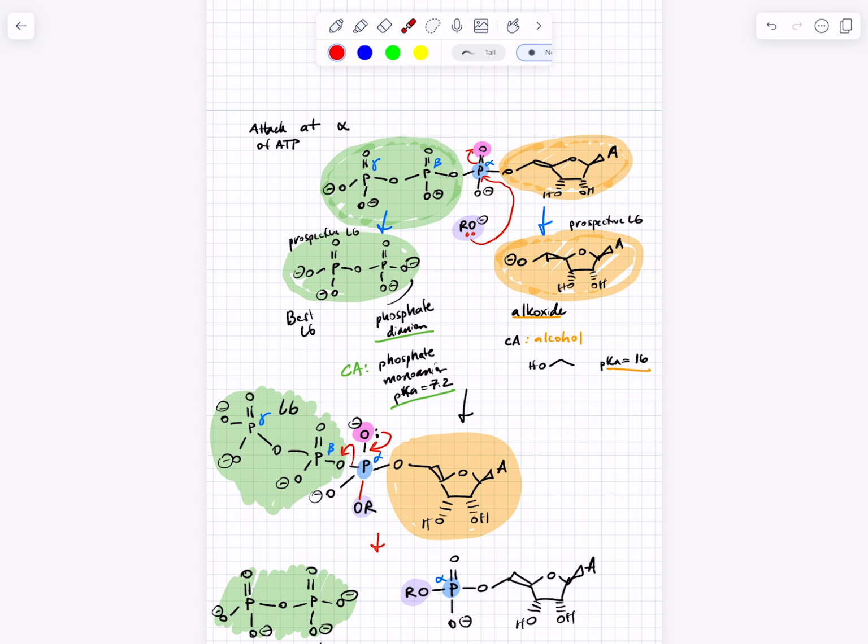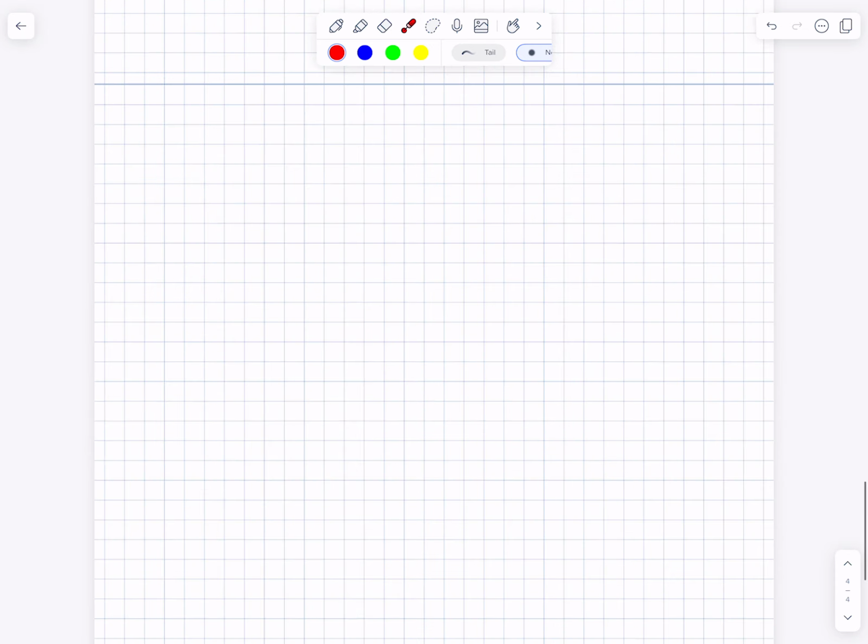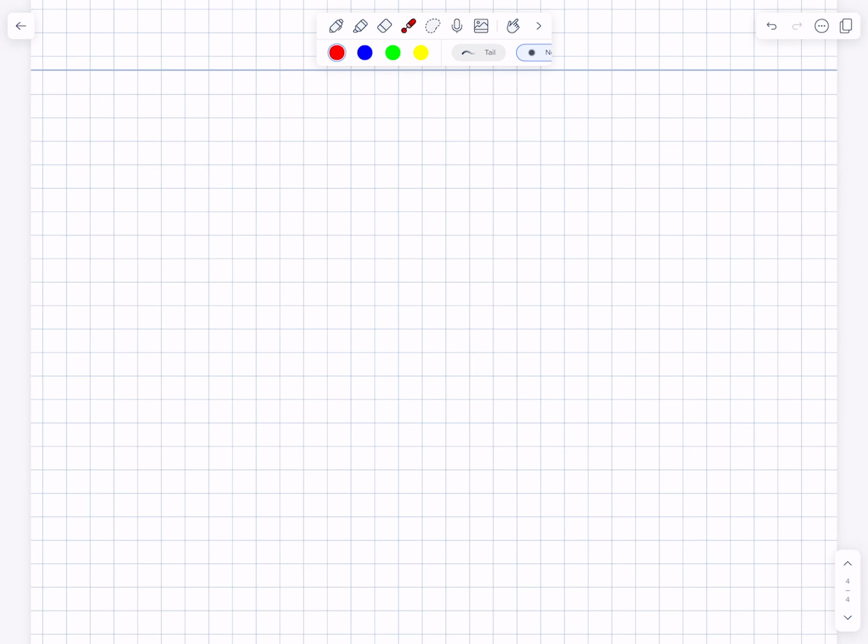Are the products more or less stable than the starting materials, or are they about the same stability? That will help us know whether the reaction is very downhill in energy or uphill in energy or perhaps neutral.